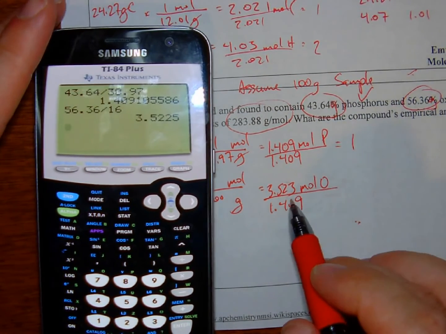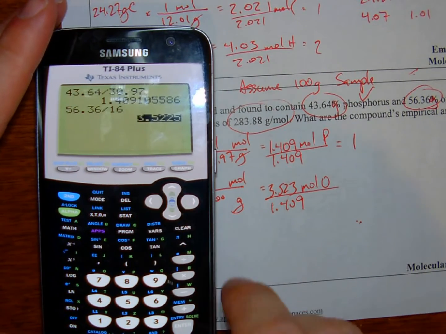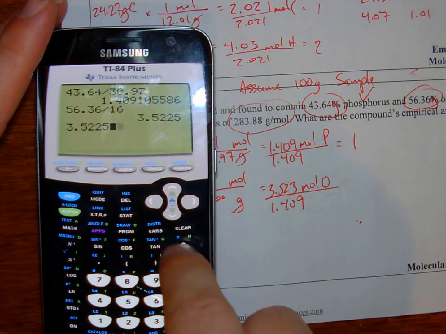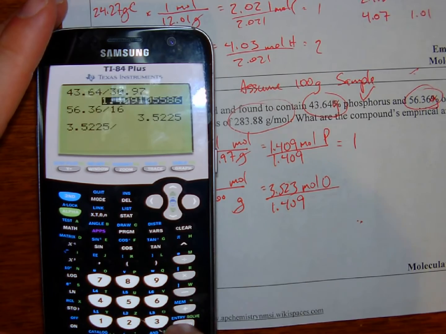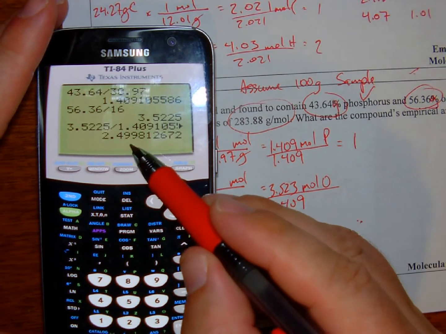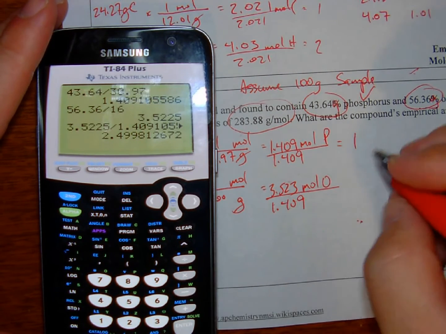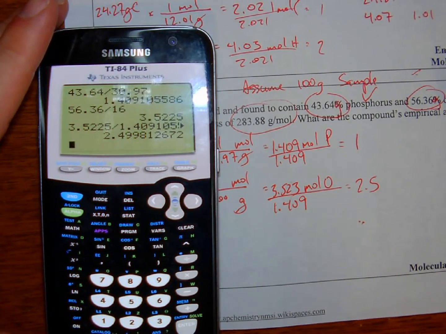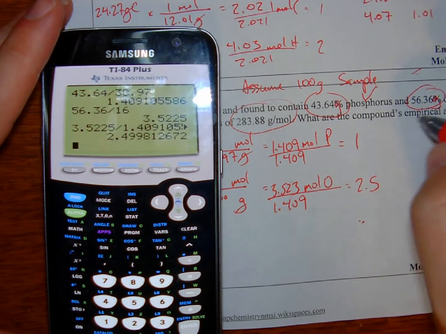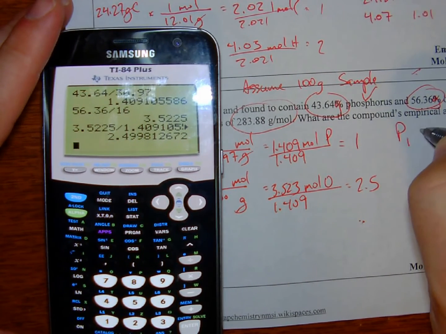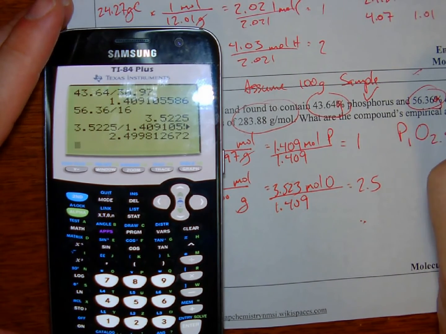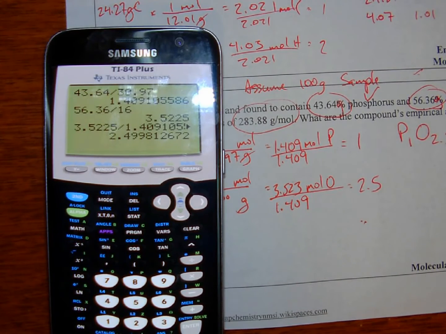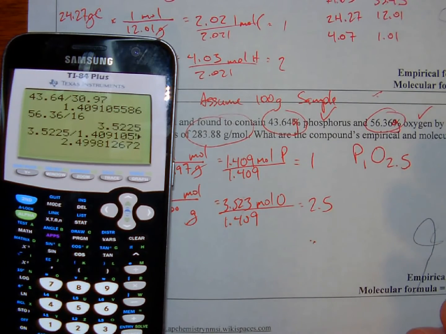But what is this going to be? So let's take that value and divide it by that first value. Holy cow, that ends up being 2.5. And so what I'm going to be tempted to write here is P1O2.5. But I can't write 2.5 for my empirical formula. It has to be whole.